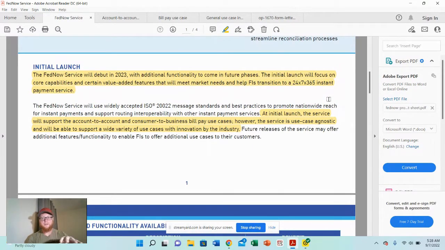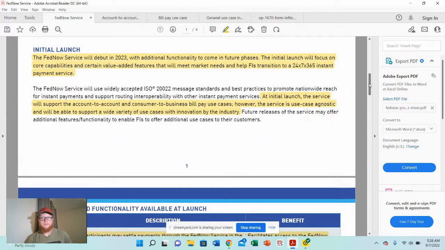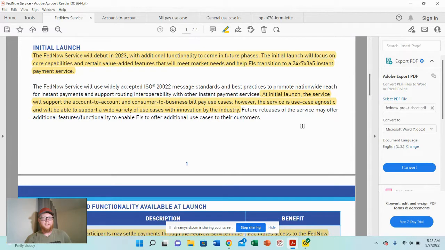FedNow technically would still be functioning 24/7, but maybe the payments wouldn't settle instantly. That was a side thought in one of the papers, so we'll do that separately.